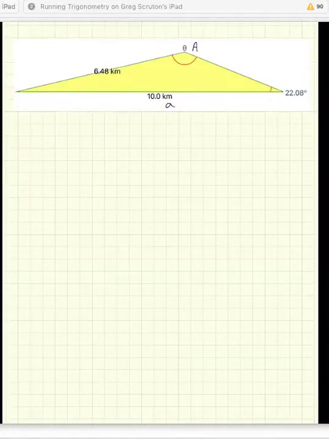It's going to be my side A, and this is going to be my angle B, and this is going to be my side B. All right, so we can say that side A over sine of angle A is equal to side B over sine of angle B. Now you could also flip both of these sides upside down, so you could say the sine of A over side A is the same as sine of B over side B, and then we don't have so much cross-multiplying to do.